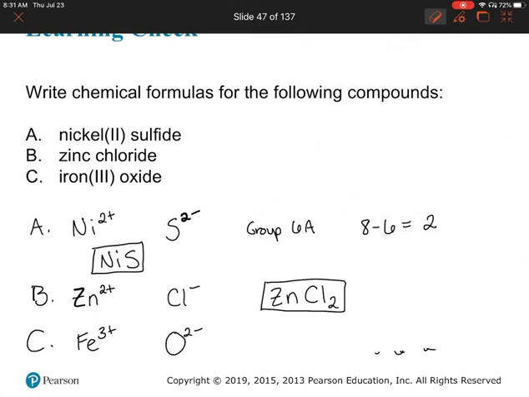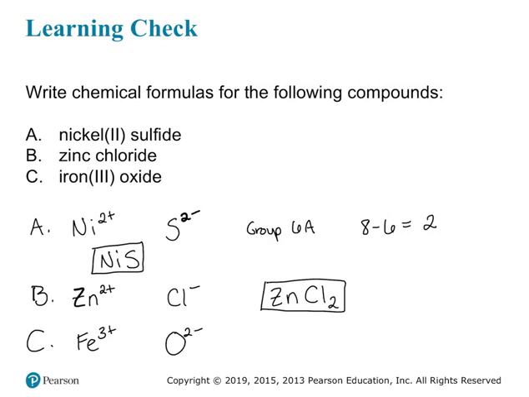Okay, I'm going to make some room here. So then, how would we write the chemical formula here? How many iron ions do we need and how many oxide ions do we need to balance? So remember my little trick, you can just switch the charges and make them subscripts.